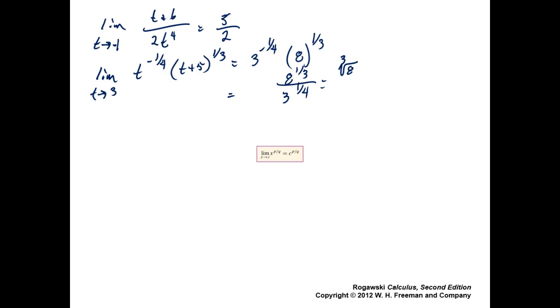And this would be the 4th root of 3, which I don't know. It's an irrational number. But I know what the cube root of 8 is. Don't you? It's 2, right? 2, exactly. So this would be 2 over the 4th root of 3.